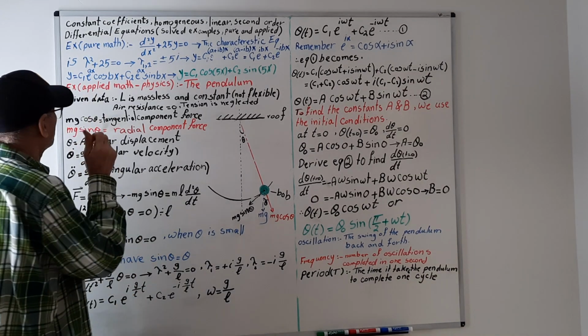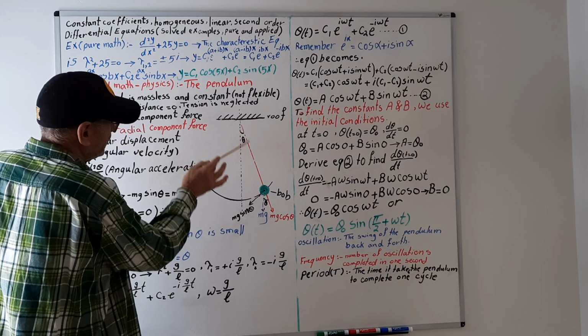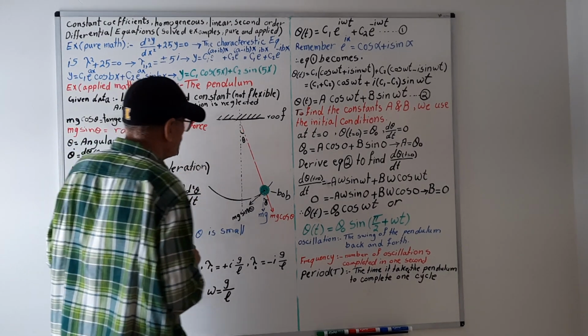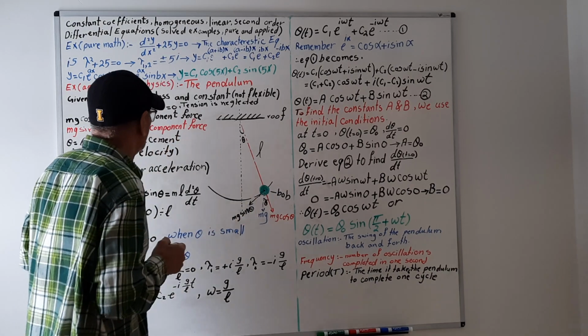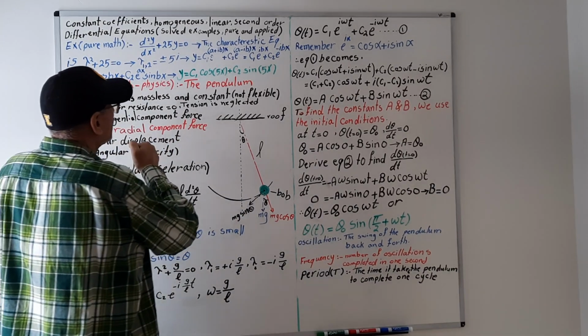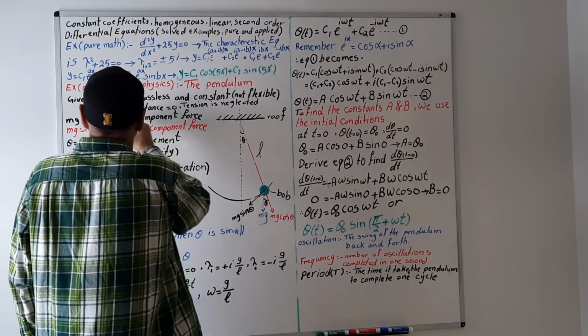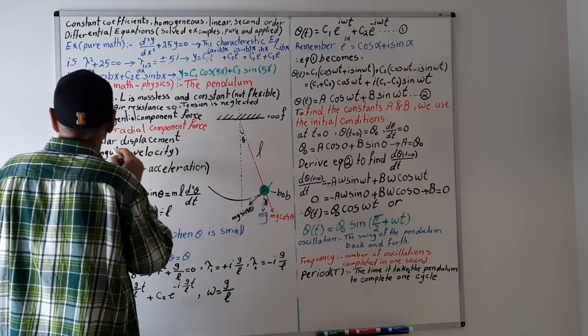So the given data for this system: the length L is massless, the weight of L is 0, and air resistance is also 0. Tension is neglected.